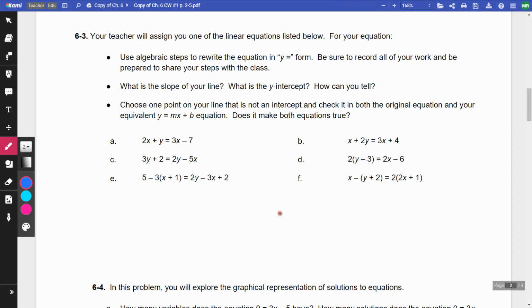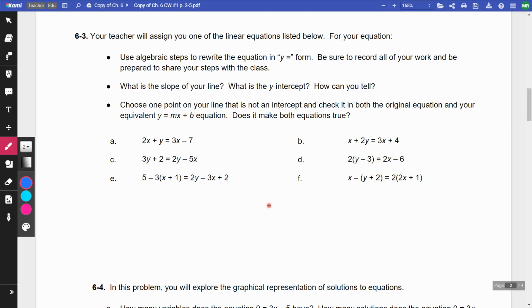After you put it in y form, you wanted to give me the slope and the y-intercept. So you might want to pause, try one of them, and then fast forward to that problem and see if you got the right answer.